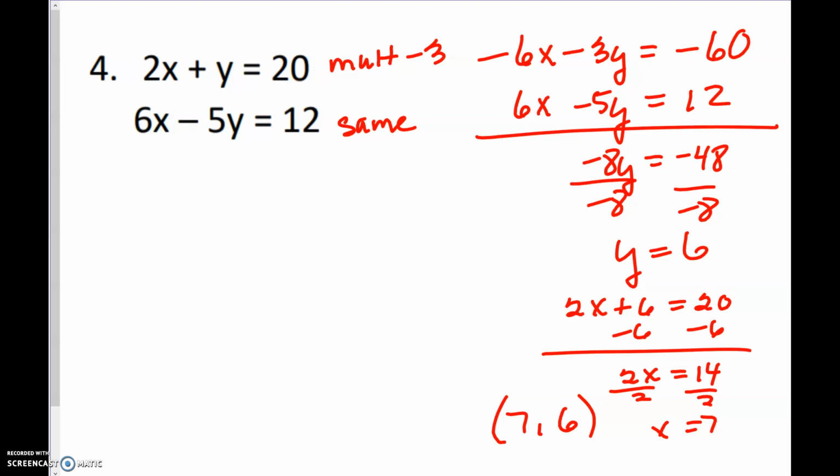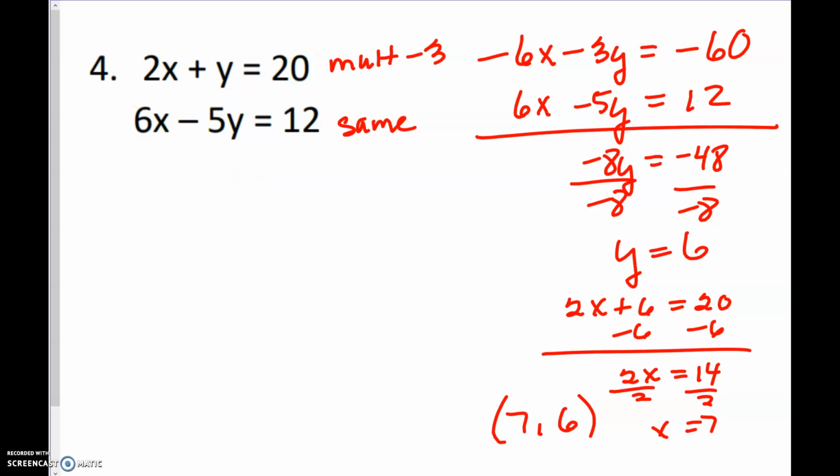So a different plan for doing this is that we could have multiplied everything here by a negative 5. So this would be negative 10x, negative 5y. Oops, I wouldn't want to multiply by a negative 5. I would just want to multiply by a positive 5. So let's just change that thought process.